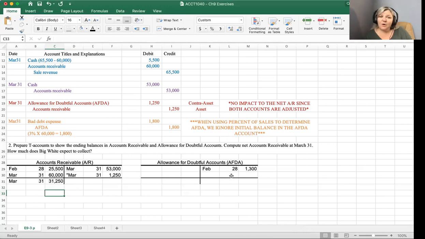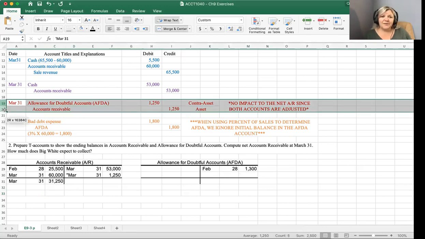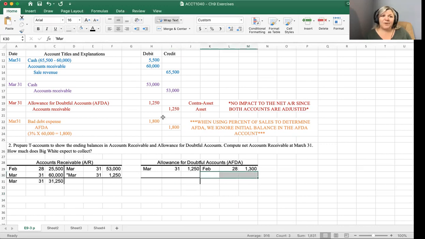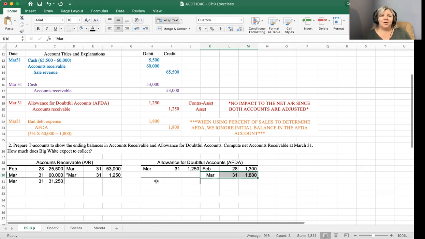We do the same thing over here with the allowance for doubtful accounts. The first time we see that account is right here with our write-off. So with the write-off, we end up debiting the allowance for doubtful accounts for $1,250. And then when we use our percentage of sales in our final entry, we end up with a credit of $1,800. Do the same thing.